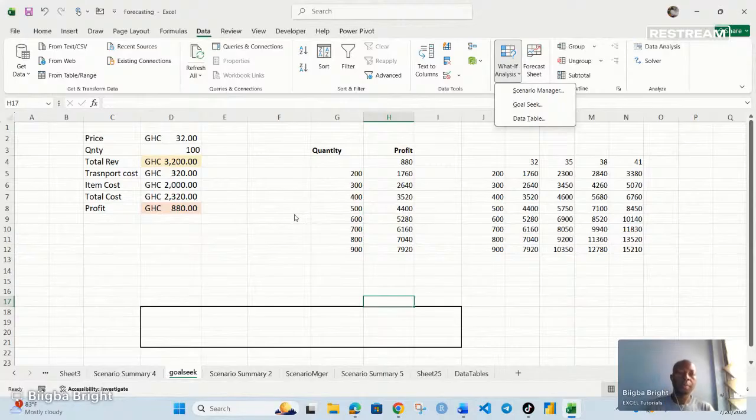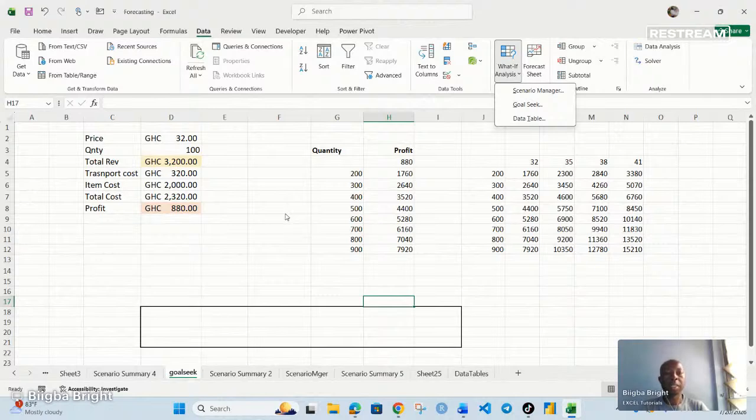The Scenario Manager actually allows us to create different scenarios and then look at the outcomes. And maybe if one of the outcomes is good, then we can pick that one based on the data point that we have provided. We also have Goal Seek, where we have our outcome, but we don't know what input can give us the outcome.